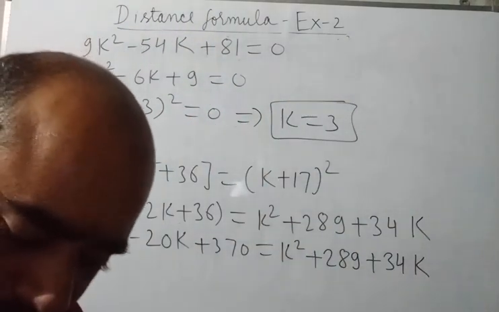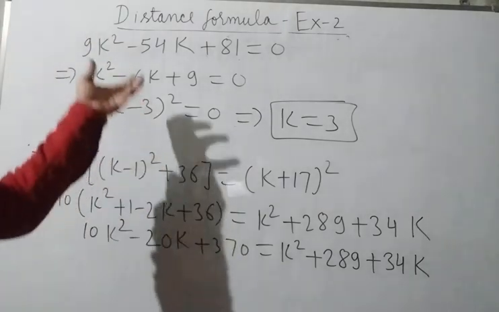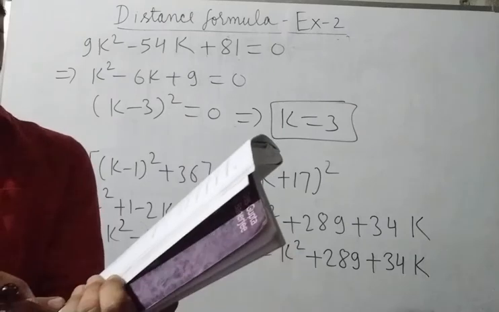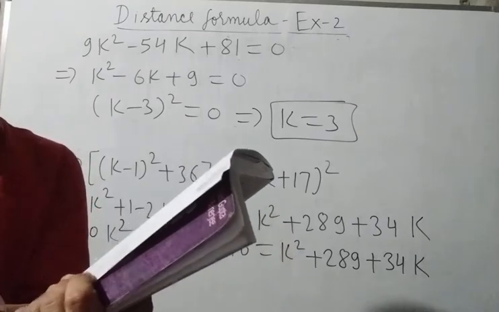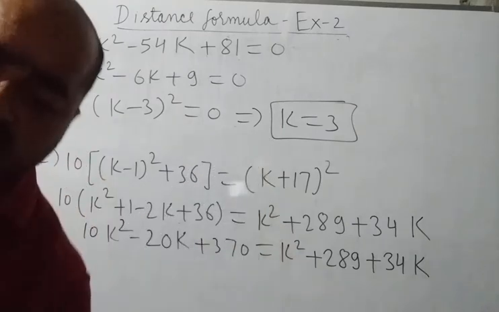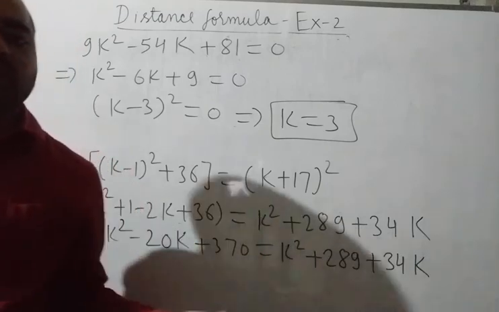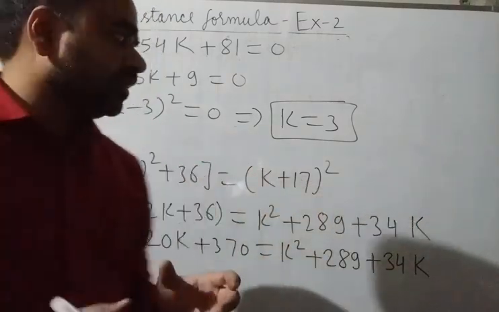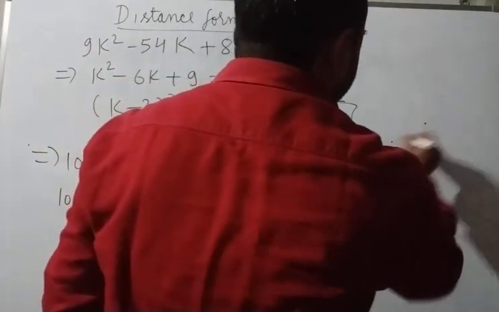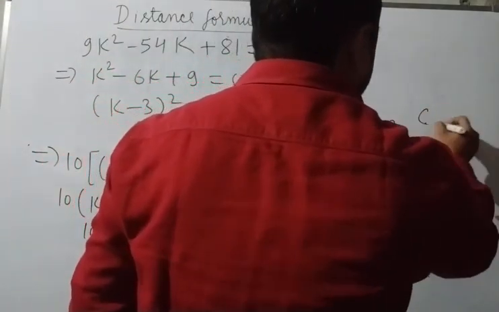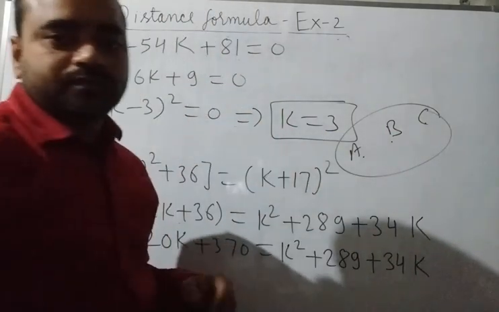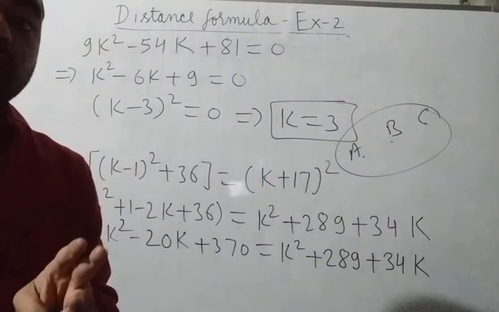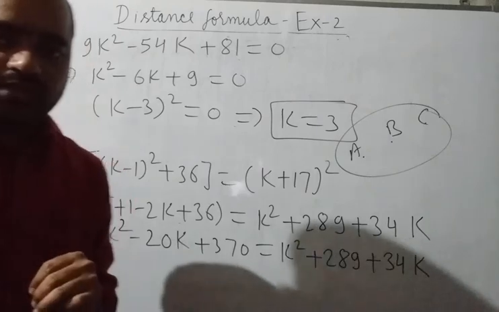Correct? This was the method, only algebra, only mathematics solution. Now the last question is, prove that the points cannot be the 3 vertices of a triangle. Same question but asked indirectly. When the points are collinear, they cannot form a triangle. Why? A triangle can be formed only when we take 3 non-collinear points. Correct?